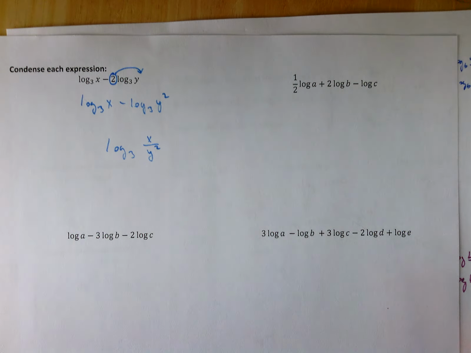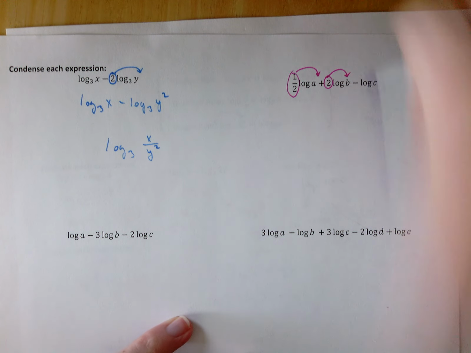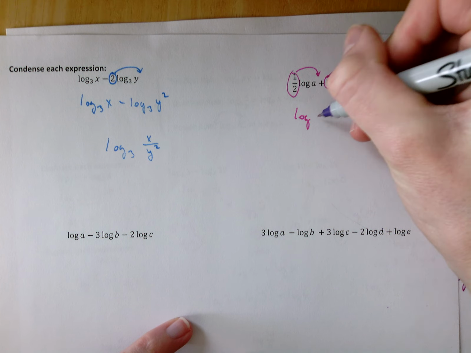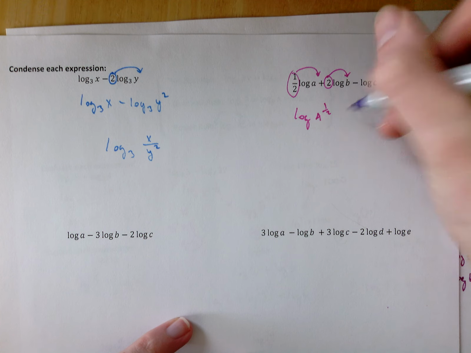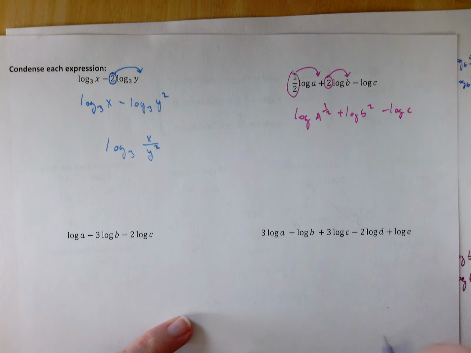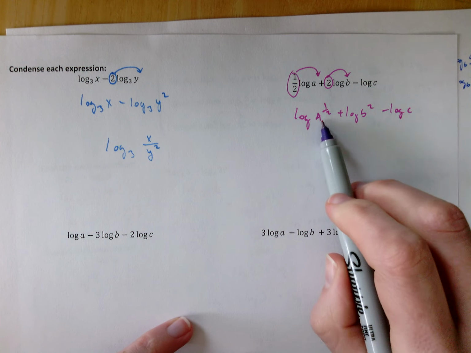Okay, so this guy, same thing. So I'm going to bring this 1/2 up. I'm going to bring the 2 up. So this is going to be log of a to the 1/2 plus log of b squared minus log of c. Okay, but a to the 1/2, that's the same as the square root of a.